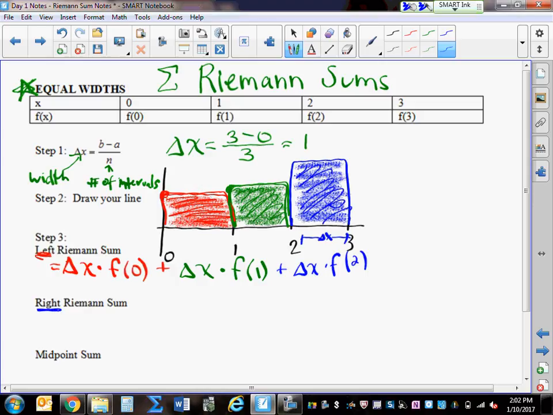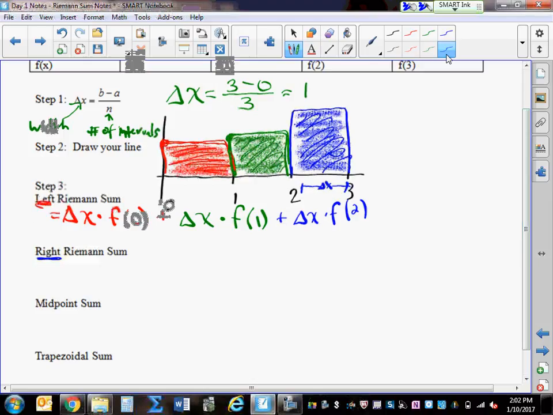Now again, for the Riemann sums, we're dealing with rectangles here. So my width is still delta x, but now my height, starting from the right side, would be f of 3. So that's my blue rectangle.